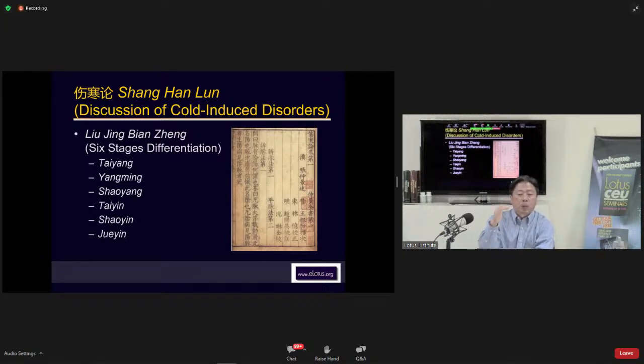And with each one of these stages, he would differentiate and come up with corresponding signs and symptoms, TCM patterns, as well as herbal formulas that can be used to treat these conditions. And this is such a monumental work that all the TCM practitioners after him would have to study it in order to really understand and practice TCM.